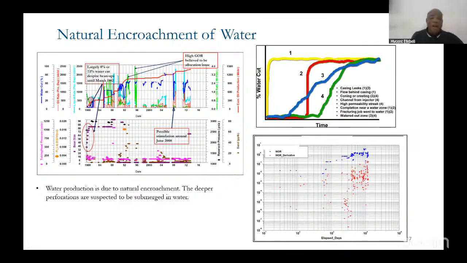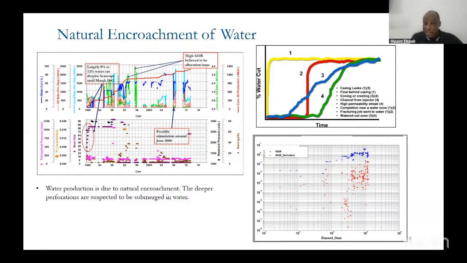Okay, so I'm trying to rush because we've overstepped our time. So this particular well performance chart, can you see the water production profile? It started and increased gradually.